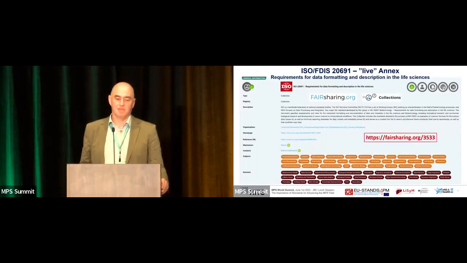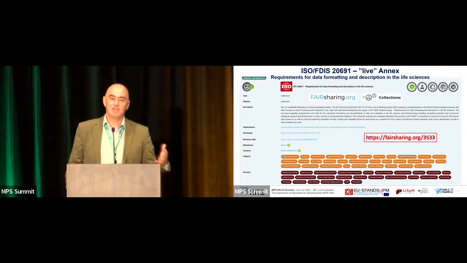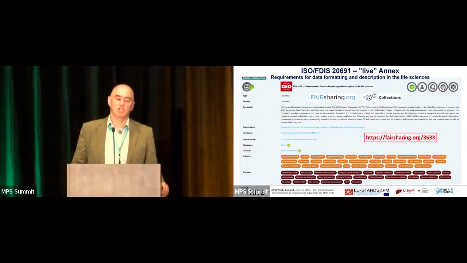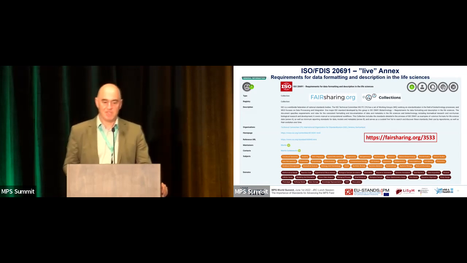The printed standard is actually complemented by a kind of live annex available online in the FAIRsharing platform that I mentioned before. And there you have the ISO 26691 collection of standards with all the 250 and more standards that are referenced there.